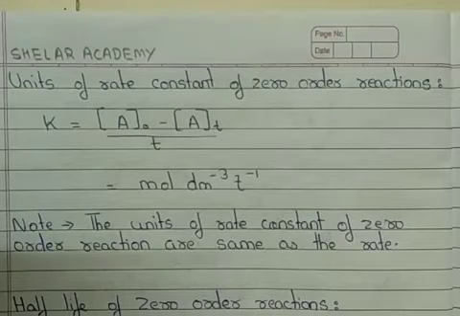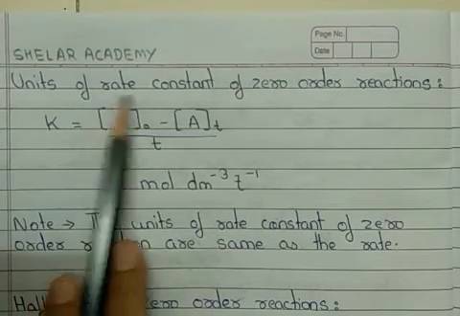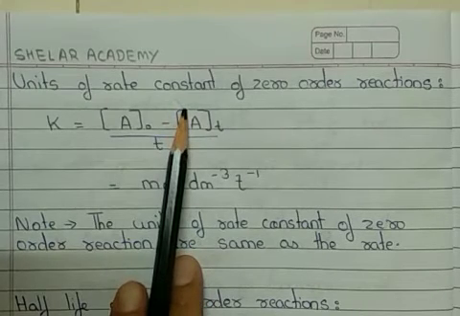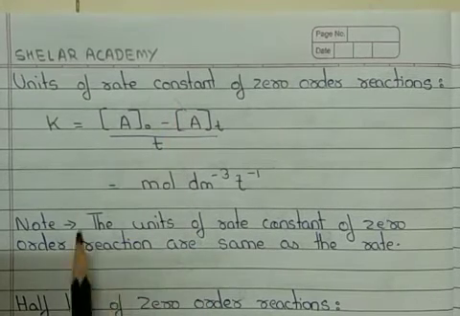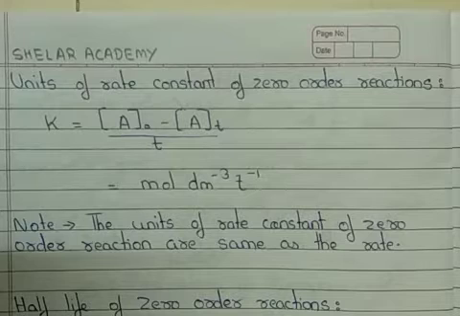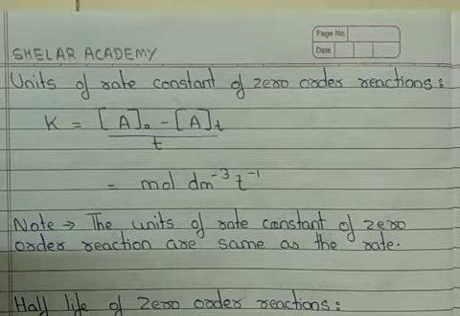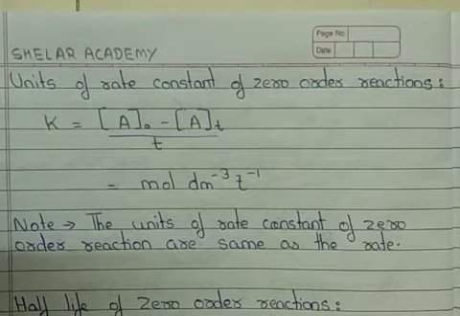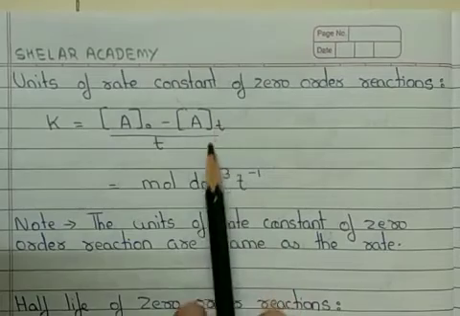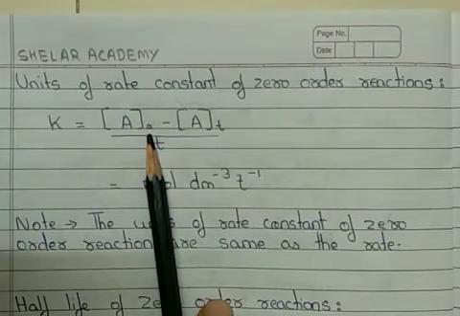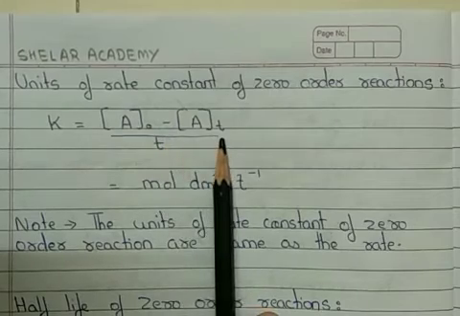After knowing the integrated rate law equation for zero order reaction, let us see what the unit of the rate constant will be. As I mentioned, the rate constant unit changes depending upon the order of the reaction. Previously we derived the unit for the rate constant of first order reaction, which is inverse of time. For zero order reaction, we use the integrated rate law equation, A naught minus At upon t.